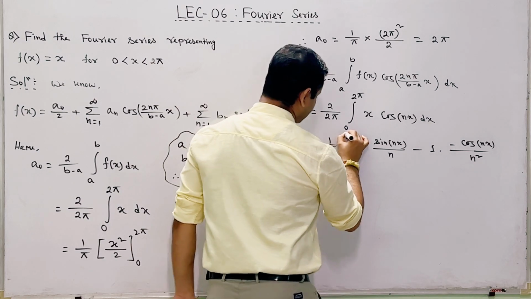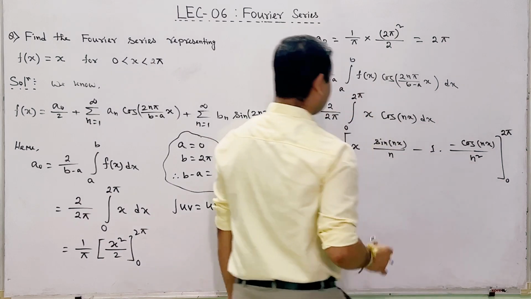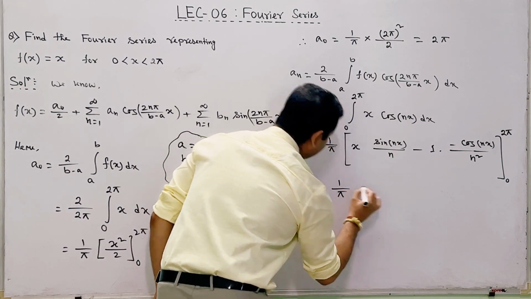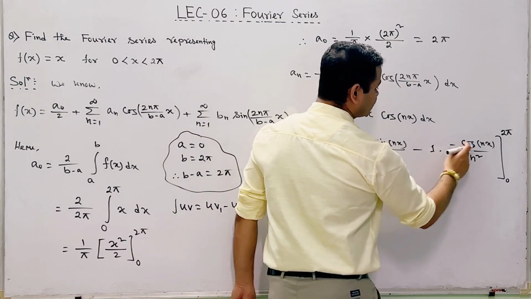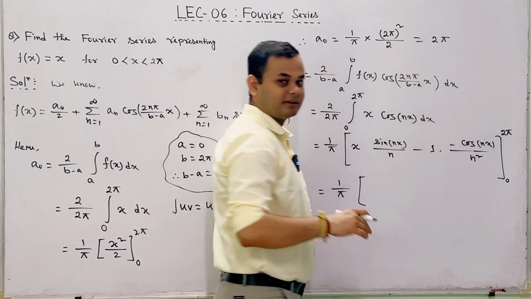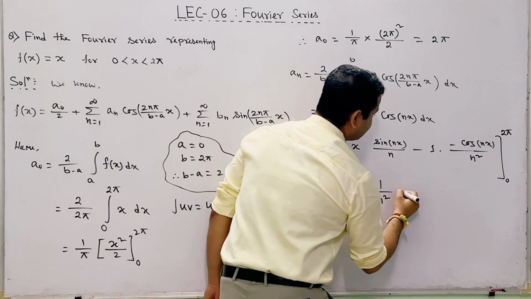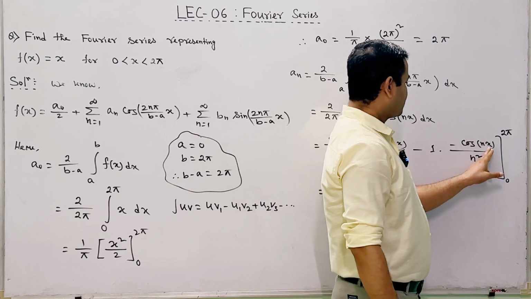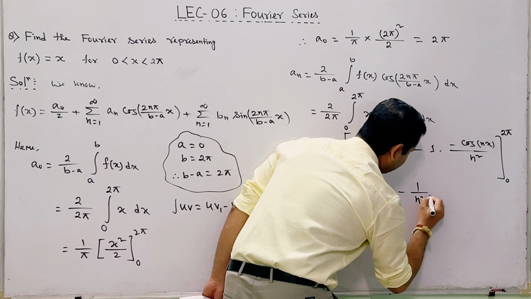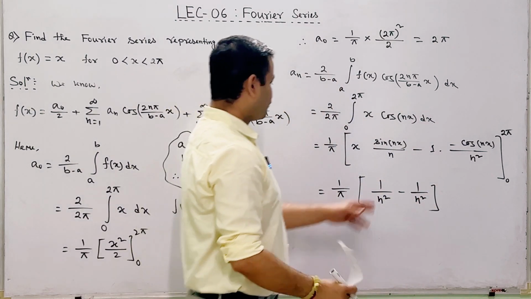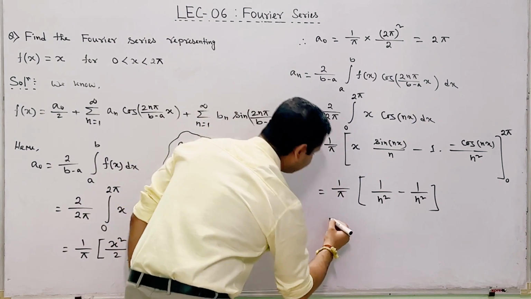Next, let us put the limits 0 to 2 pi. Finally, we will get 1 by pi into plus cos twice n pi value is plus 1. So, 1 by n square minus cos 0, 1. So, this value will be 1 by n square. 1 by n square minus 1 by n square will be equal to 0. Ultimately, the value of an will be equal to 0.